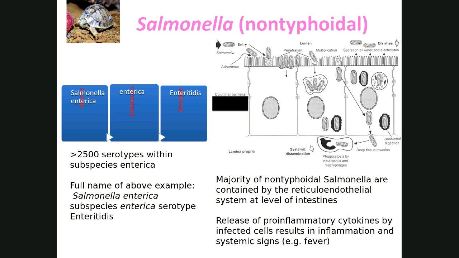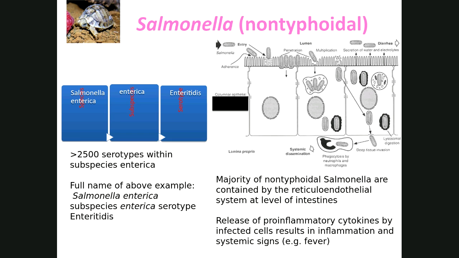Now, the next organism on the list is Salmonella. Clinically, it is not a single species of Salmonella. There are many species, and then there are about 2,500 serotypes in the subspecies Enterica.